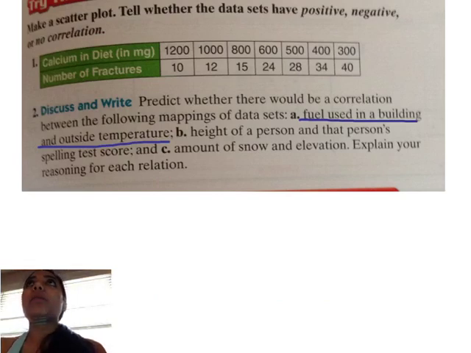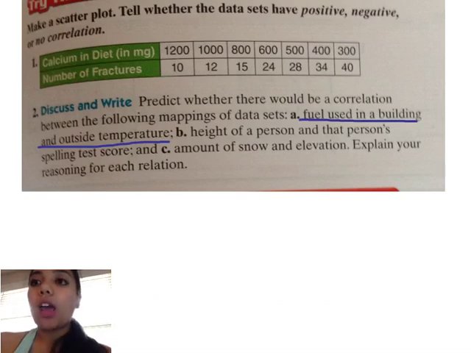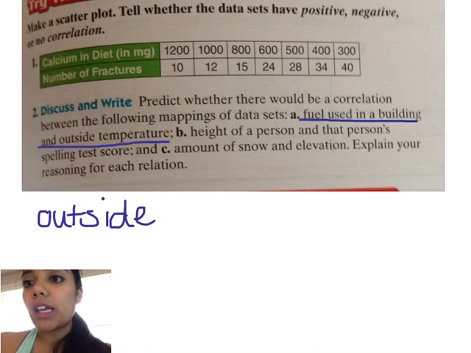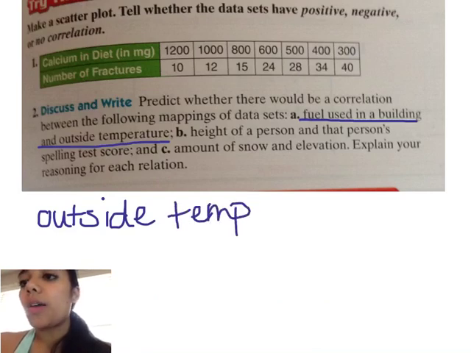So, for example, if it's really, really cold outside, that means that you're using a lot of fuel in your house. As outside temperature increases or decreases, they say, because it's getting colder. If it's getting colder, that means it's decreasing.